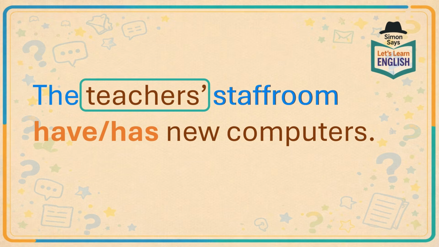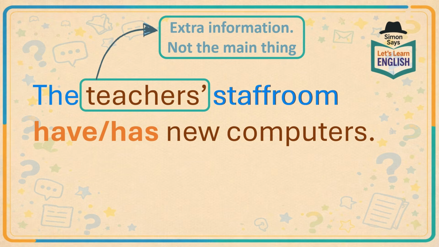As for teachers, then this is just extra information, but it's not the main thing. So, how many staff rooms are we talking about? One. Therefore, we have to use has. So the teacher's staff room has new computers.